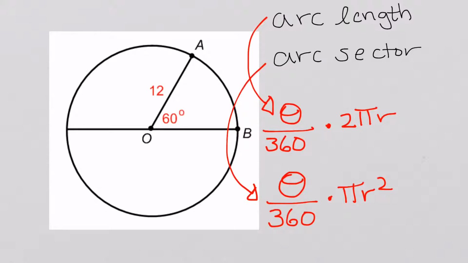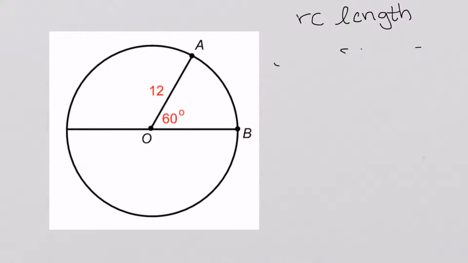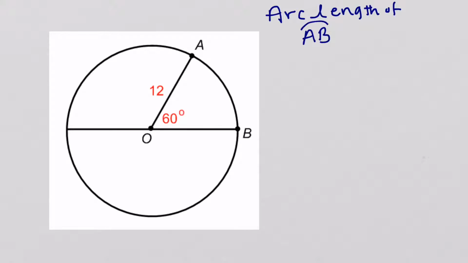Okay, now let's do one quick example. Here we have a circle, and the circle identifies an angle, which is our central angle, and it identifies a radius. If I asked you, what is the arc length between A and B? Let's say arc length of arc AB.